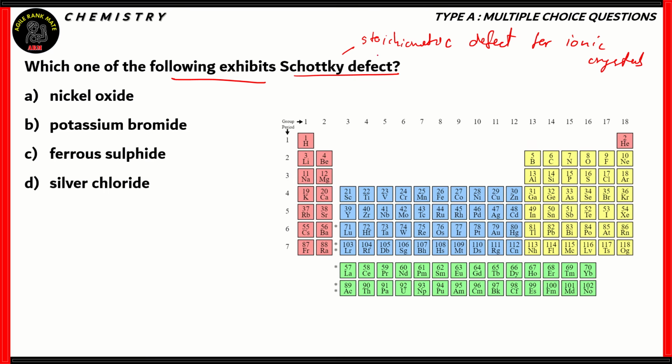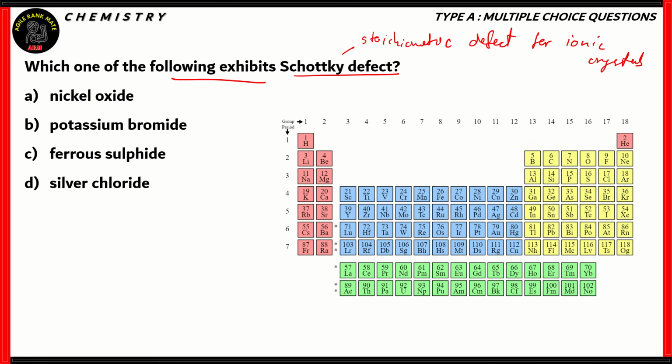So what does that mean? It means that since it's a stoichiometric defect, both anions and cations are missing from the crystal, and it's for ionic crystals. So therefore, there has to be a dipole moment. So there has to be a partial positive and partial negative charge for the components itself.